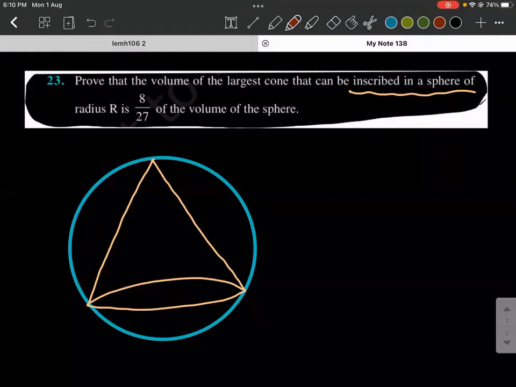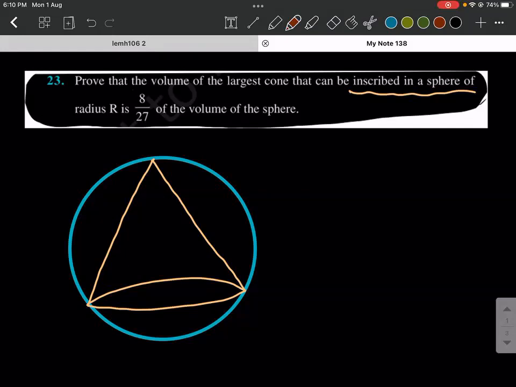So here, what is given? Inscribed in a sphere of radius R. Given data is the radius of the sphere. So if the radius is constant, can I say the volume is constant? Because the volume of a sphere depends only on one variable.